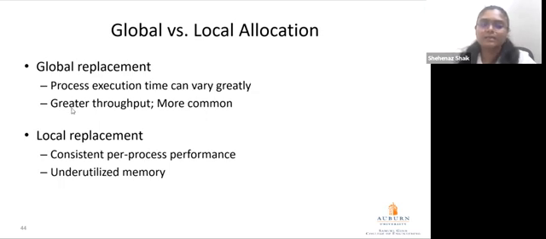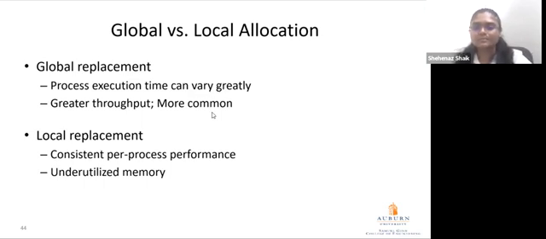Thereby the overall performance of the system is improved, because we are making best use of the entire available physical memory. For that reason, in spite of this global replacement policy resulting in unpredictable execution times of the processes, it is more commonly used in modern operating systems.